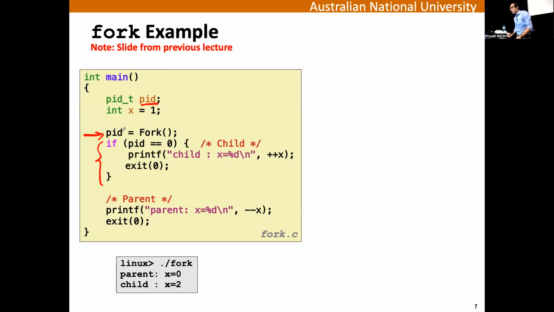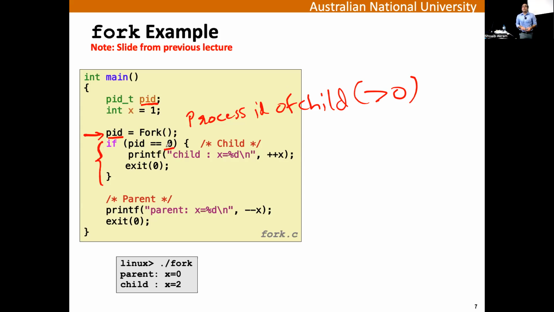What it returns to the parent is the process ID of the child, which is always greater than 0. And what it returns to the child is 0. So there is no ambiguity in figuring out who is executing the code from this moment forward.